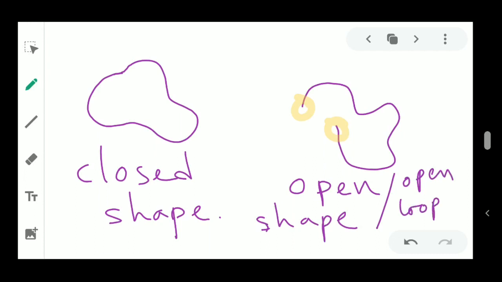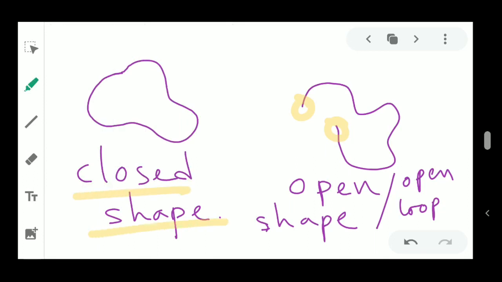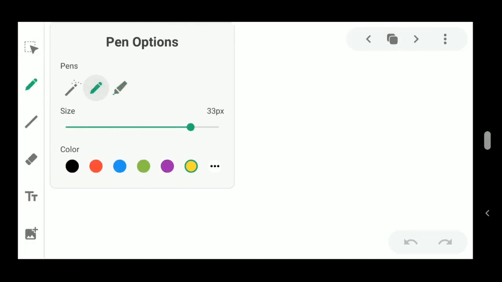So these two things are there also. So this is our closed shape when there is no end. When there are ends, then it's an open shape or open loop. Now the next thing, we know that if we have more than one line, then we can make some kind of shapes, right?